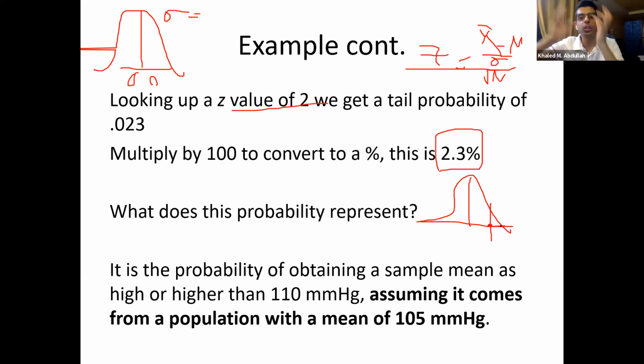Remember, you assume they came from the same population, right? The entire idea is that since it's a very low number, lower than 5%, this sample probably did not come from this population. That's all that they're trying to share with you. So do not ask more than that, and do not ask less than that.